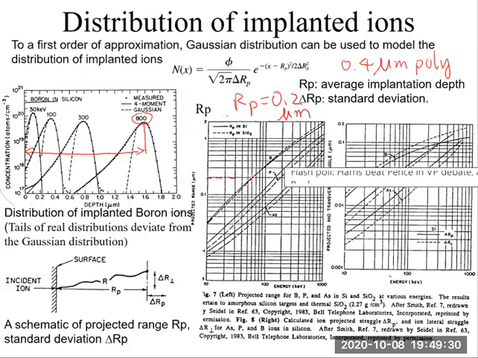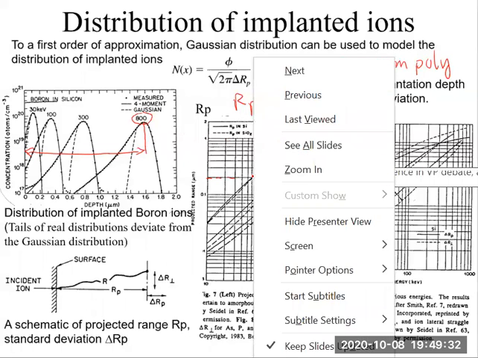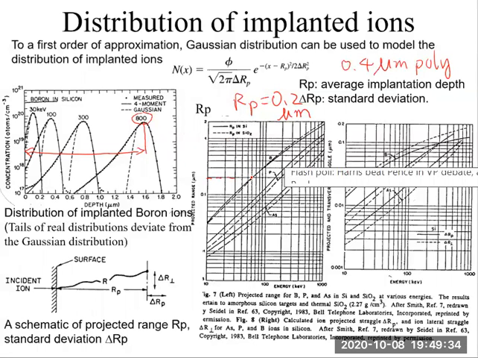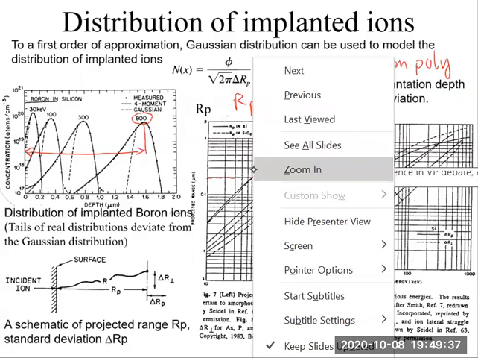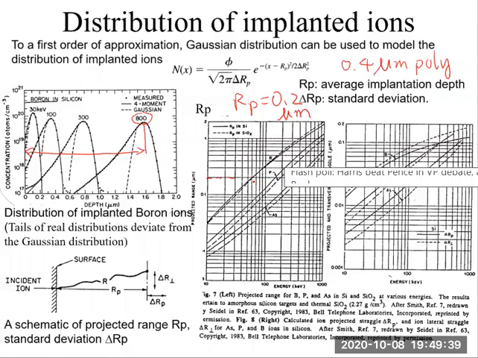Then we can find this data point, and we go downward. So how much energy? 10, 20, 30, 40, 50, 60.